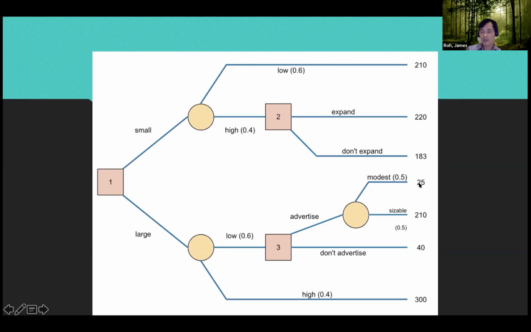So 12.5 plus 105, that's 117.5, and that will be your choice, and the probability is 0.6, and 0.4 times 300 will be your choice there. So this one times 0.6 plus 0.4 times 300, which is greater. So now you have EMV for this and that, and you have to choose which one is greater.